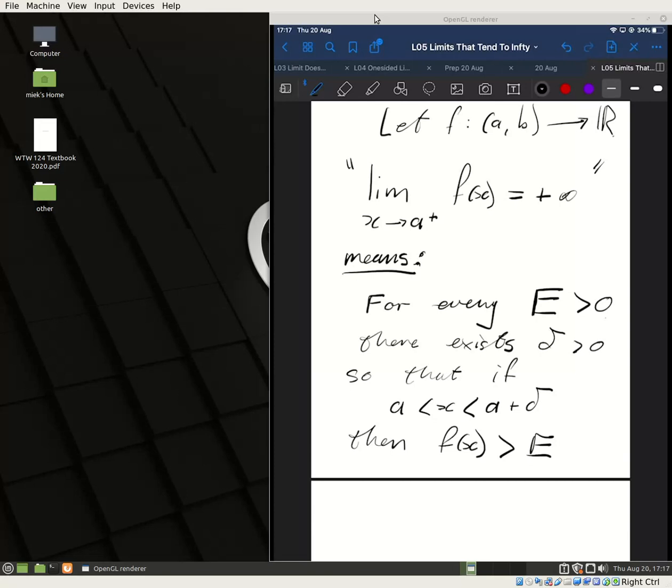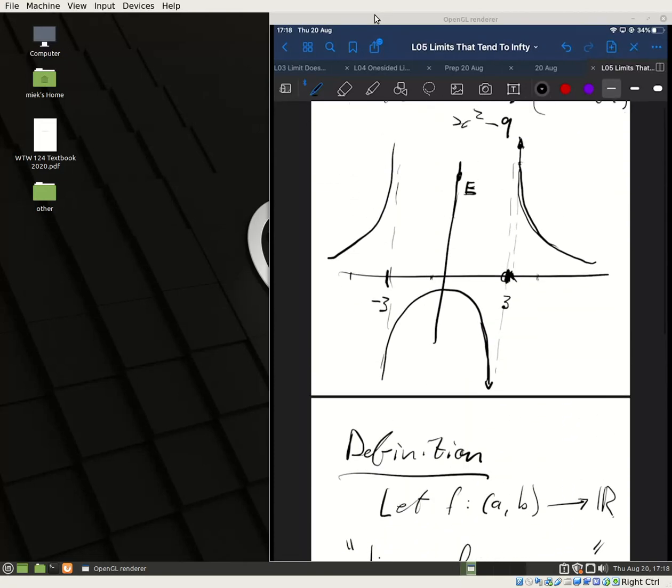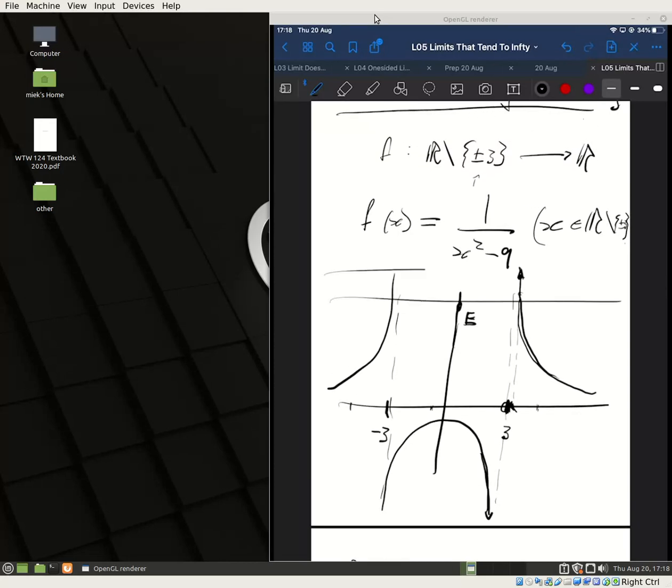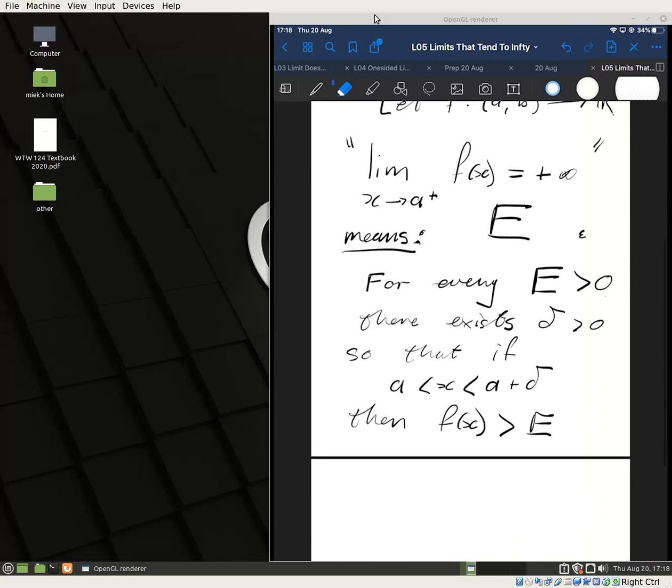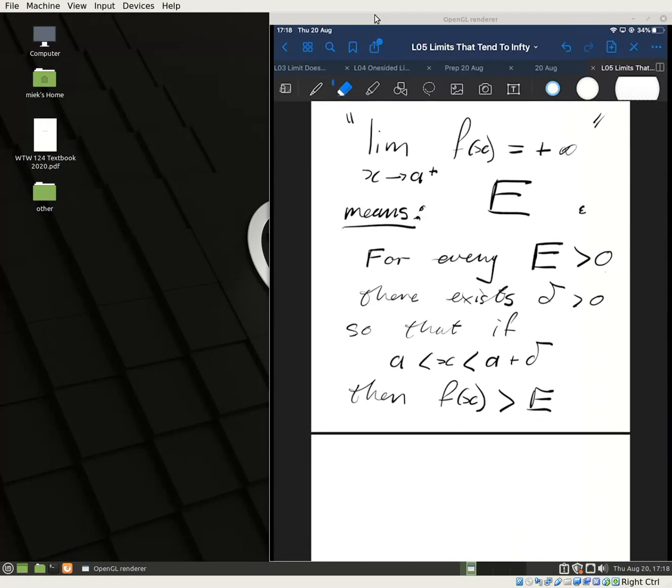In this case we use capital E to denote a very large number. So for any very large number, doesn't matter how big, we should be able to find a function value close to 3 that has the graph above this large number. And epsilon is always a small number. So we use the capital E just as a mnemonic device.